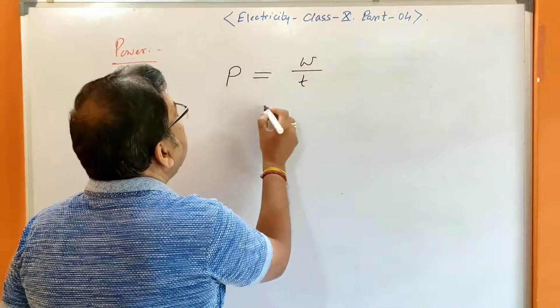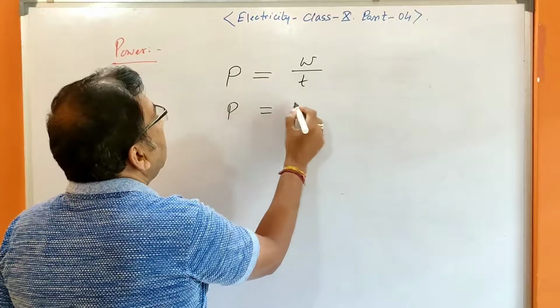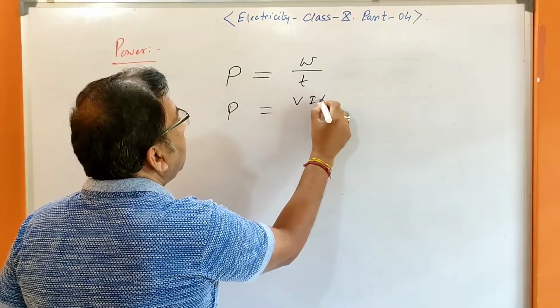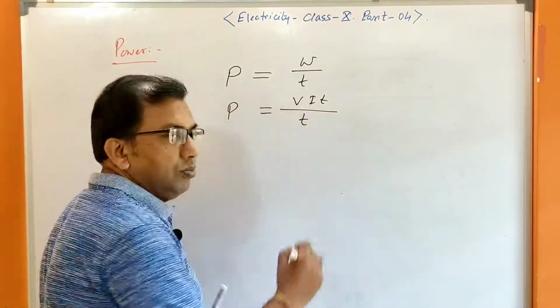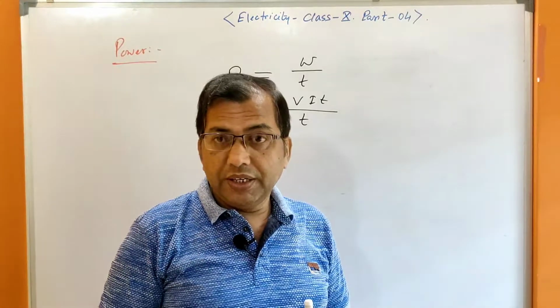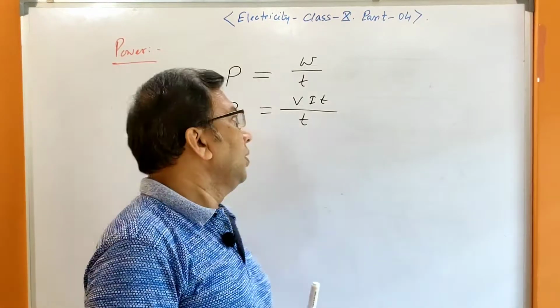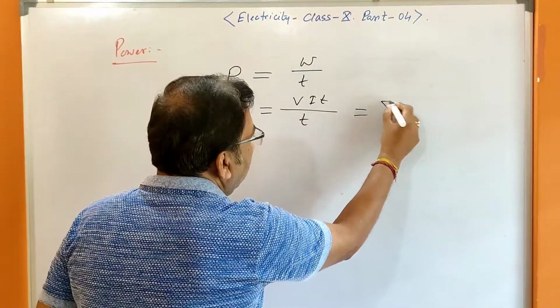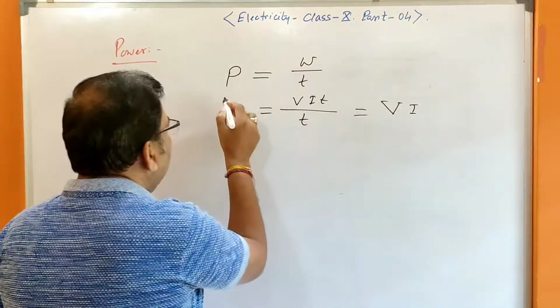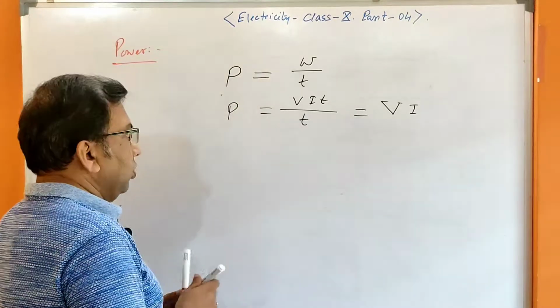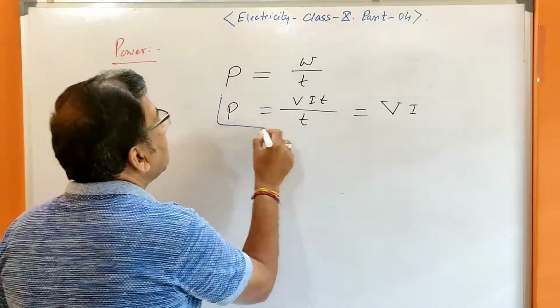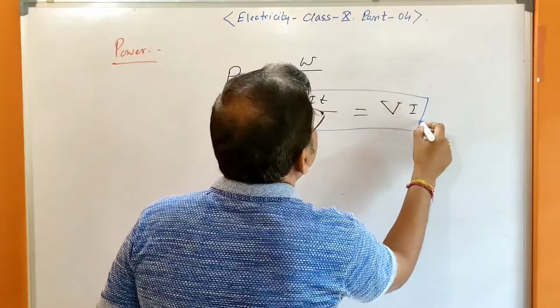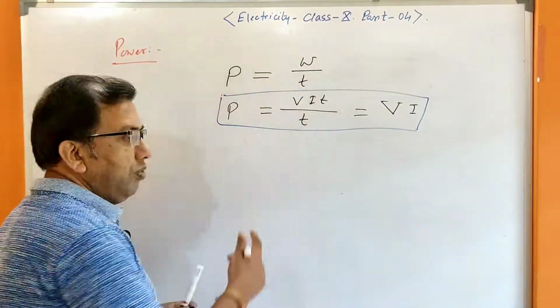So you can write P equals VIT by T. Clear? T cancels, and that is V into I. So the formula is P equals VI, and also P equals W by T.